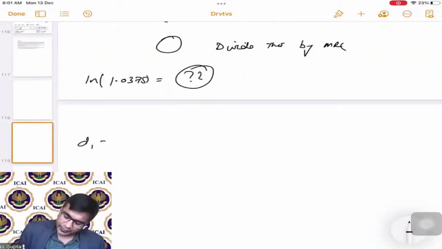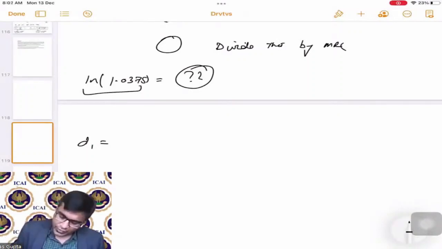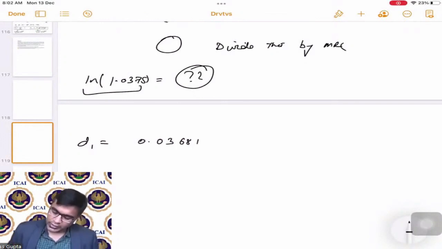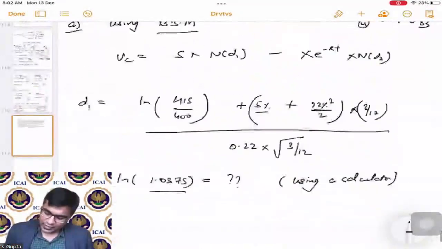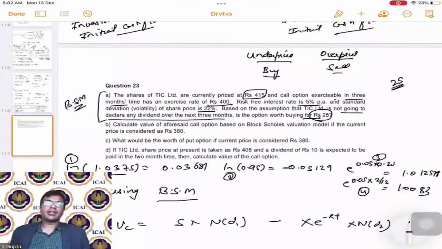So the D1, since we are given this in the question, I have just asked you to mention it. So we will write it. D1 is equal to 0.03681, which is the natural log result of 1.0375, correct?